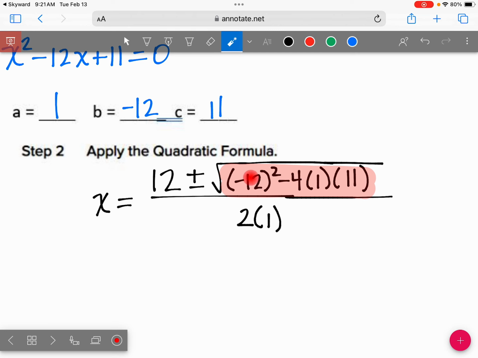Anybody want to tell me what you got for this piece? What did you get, Xavier? 100. Anybody else get 100? Anybody not get 100?